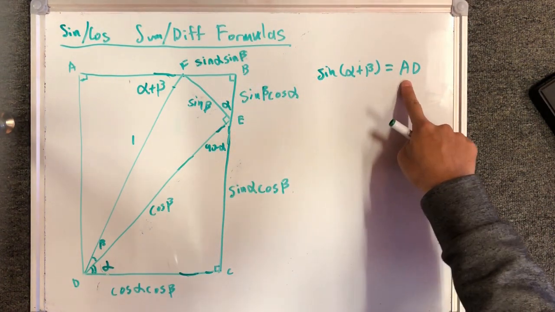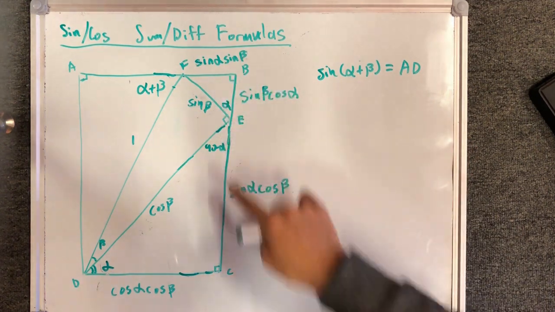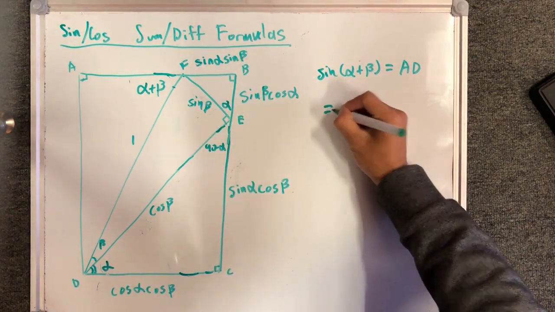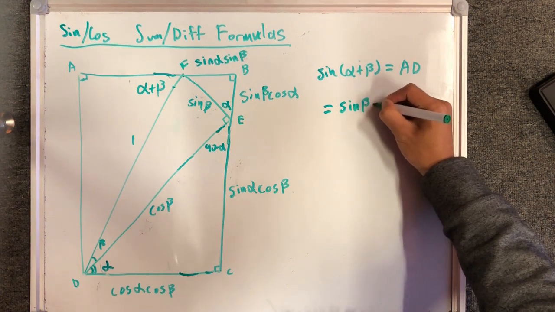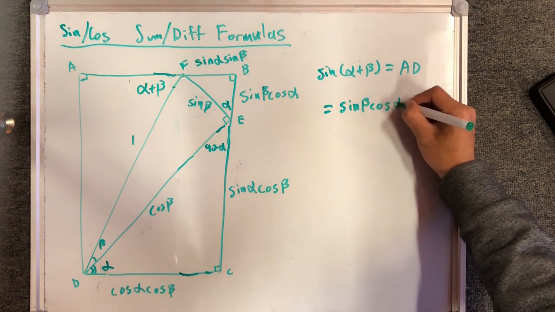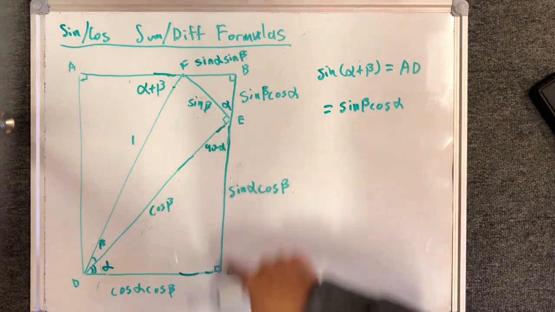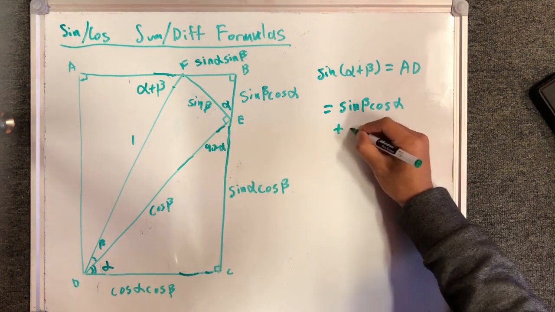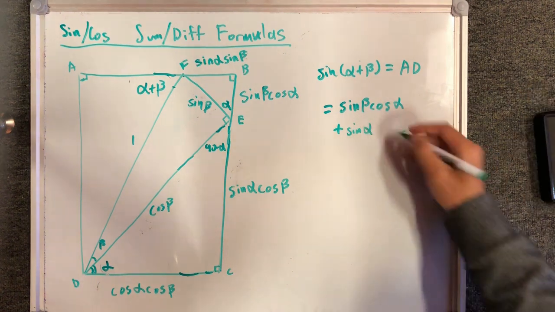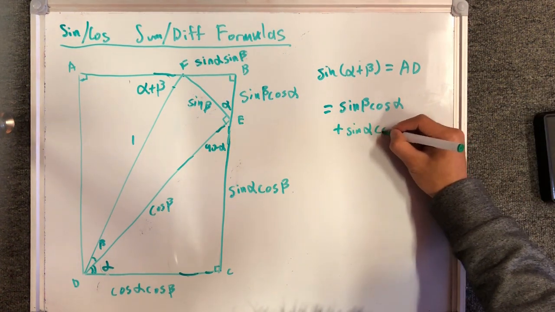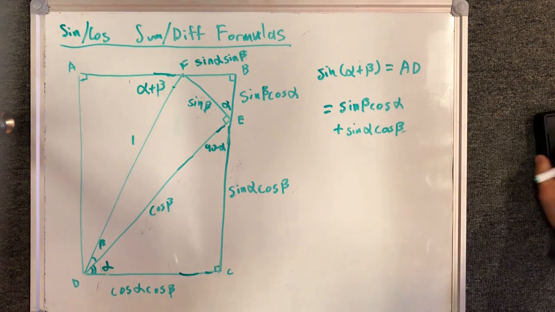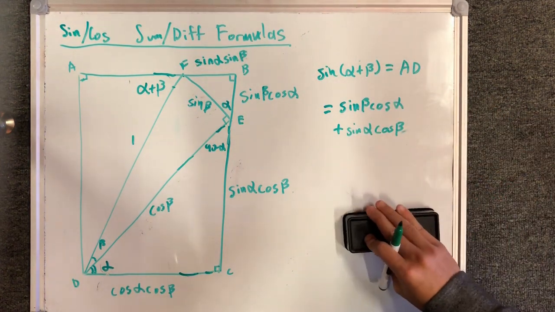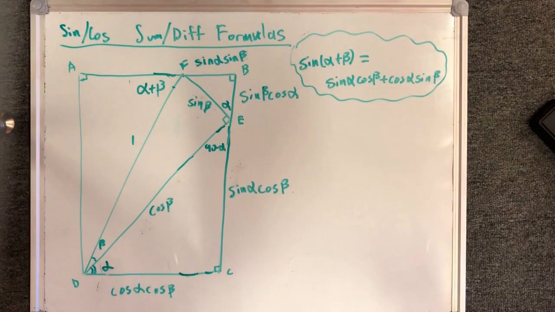So this means AD must be equal to BE plus EC. BE, we found out, was sine of beta times the cosine of alpha. EC is the sine of alpha times the cosine of beta. So let's write out our angle sum formula for sine. And here we have the sum formula for sine.